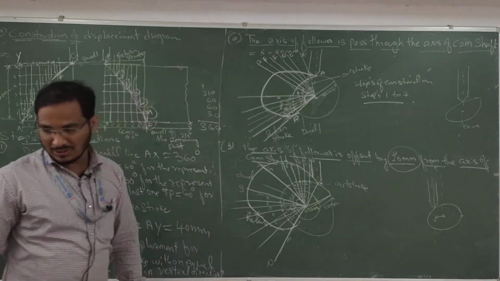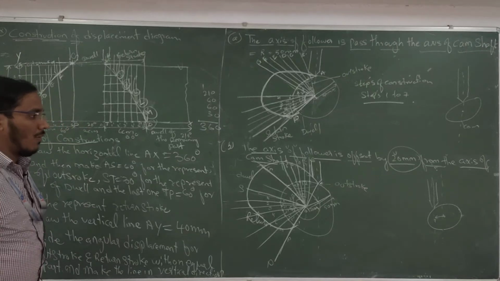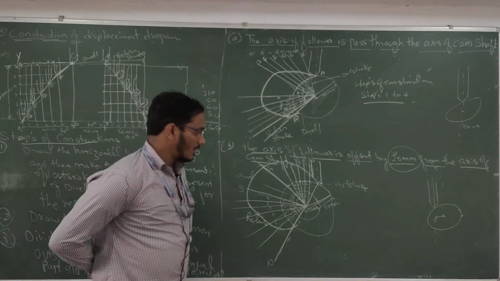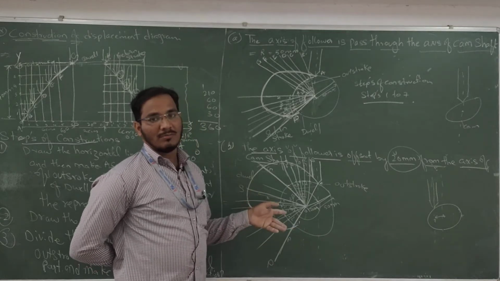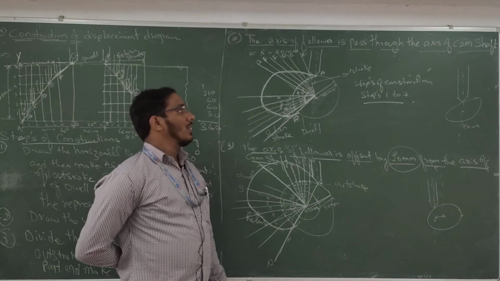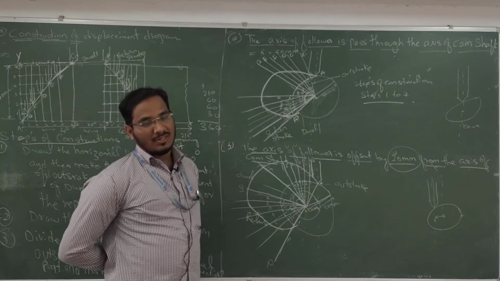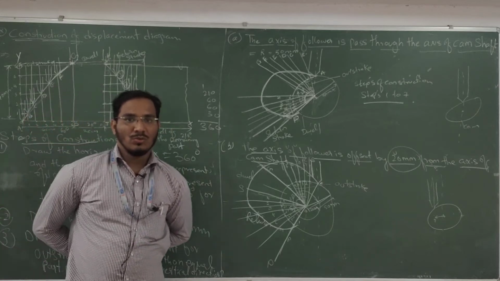So what you notice in these two figures here: the follower is on another axis and the cam is on another axis. The outcome of the cam profile is different from the outcome of the same-axis case. So what is the difference between these two conditions?